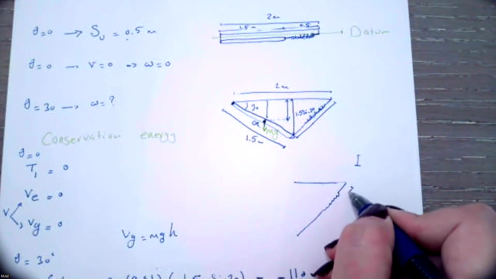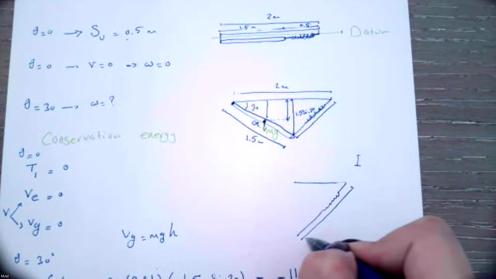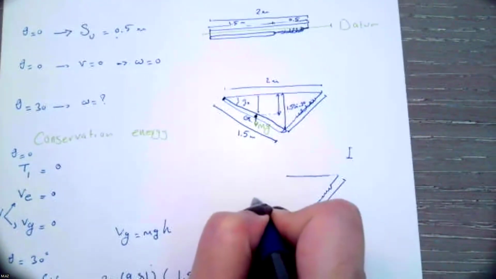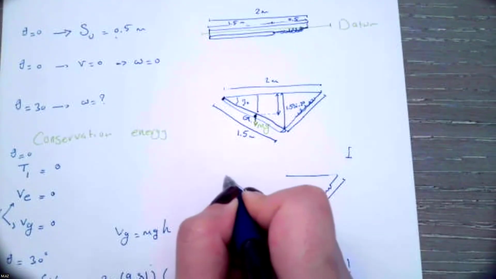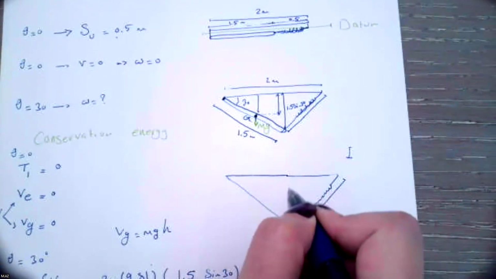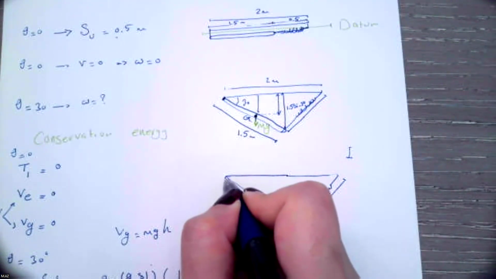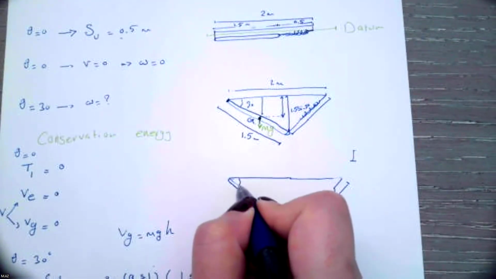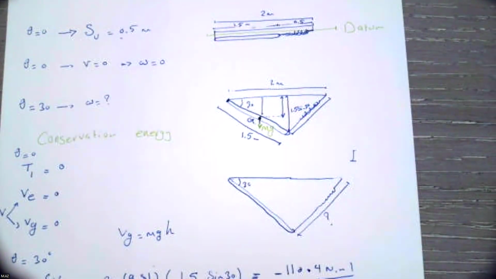We have to find this length. This is the rod. This is 30 degrees.